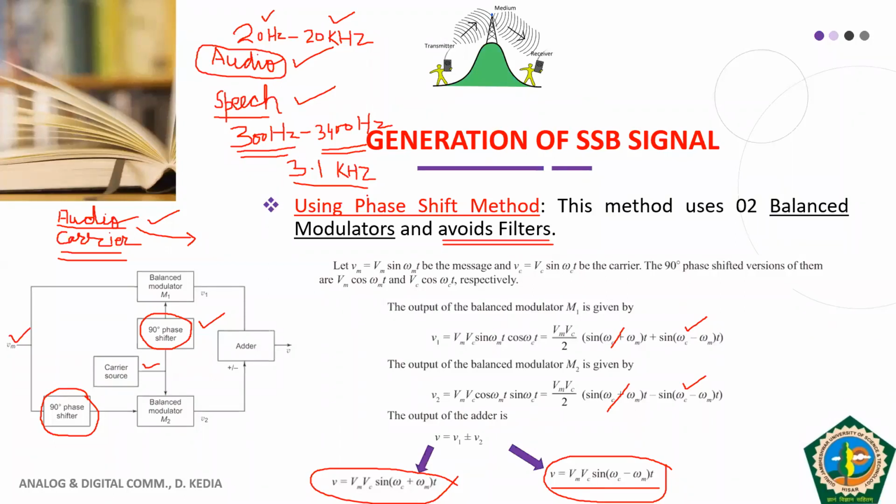So when I say audio frequency, it means this much. When I say speech, this much. In most of the cases, for the sake of simplicity, your modulating signal will be audio signal. So whenever we say modulating signal or audio signal, it means it is having certain ranges of frequency.